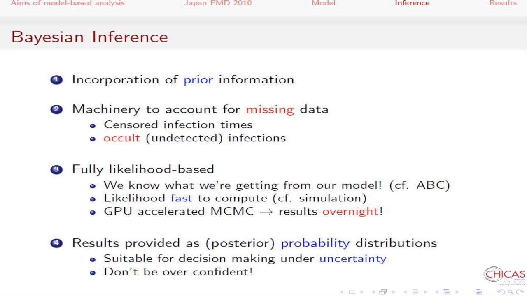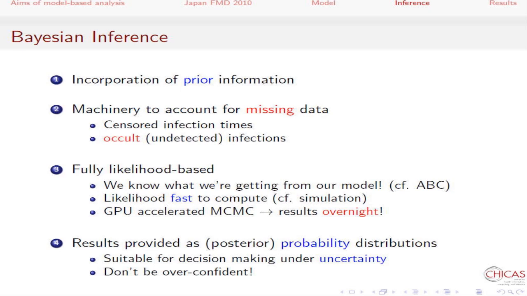And it's also fully likelihood based, which means we know what we're getting from our model in comparison to some of the approximate Bayesian computation algorithms which are sometimes used for fitting epidemic models, where there's often a question over exactly what the approximate bit means. It's also fast to compute, and my implementation uses modern GPU accelerated techniques so that I can do this in, at the very most, an overnight time frame.